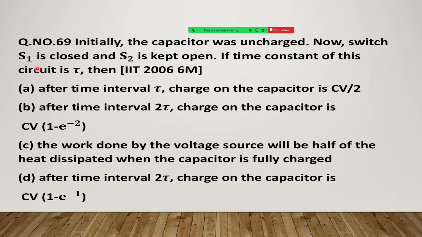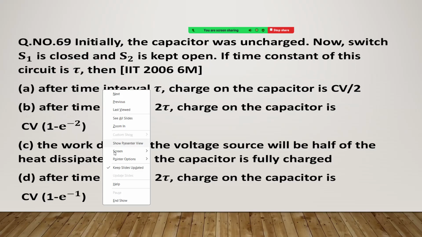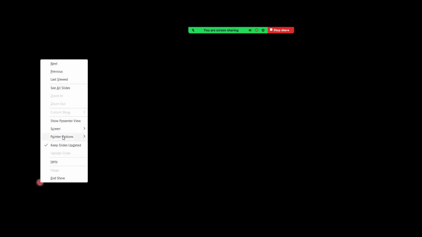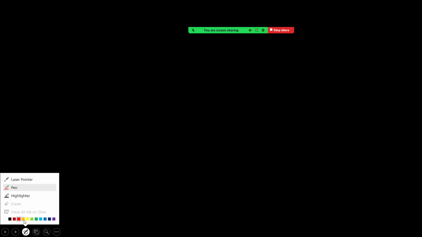Now, switch S1 is closed and S2 is kept open. If time constant of the circuit is tau, then let us see how to start. Let us first of all make the given diagram.